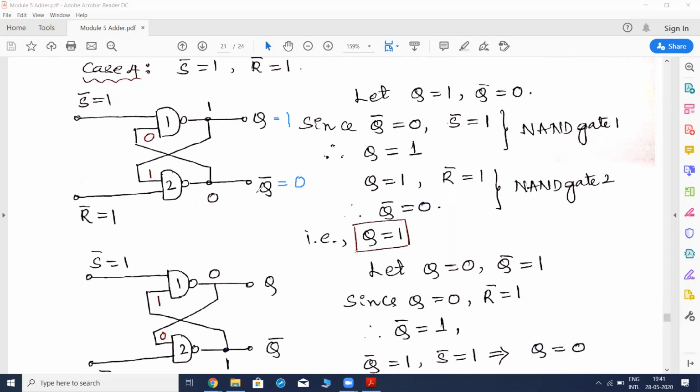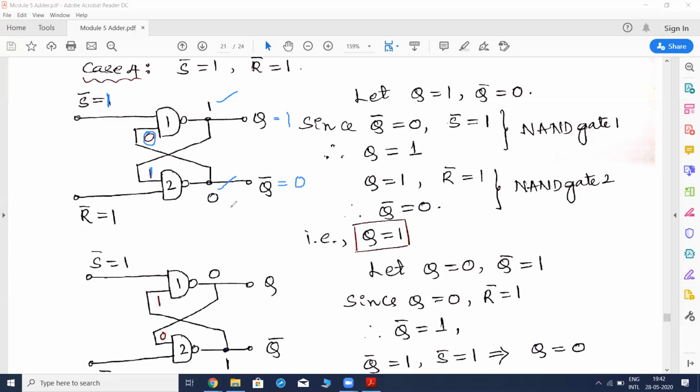If Q bar is 0, then we have to start the analysis from NAND gate 1. Here Q bar is 0, so here it is 0 and here it is 1. When any one of the inputs is 0, the output is 1, so we are getting Q as 1. That Q will appear over here at NAND gate 2, and both the inputs are 1, 1, so thereby we are getting 0 over here.